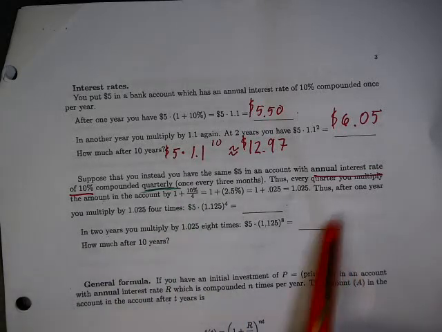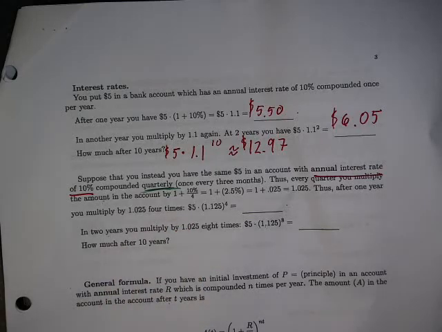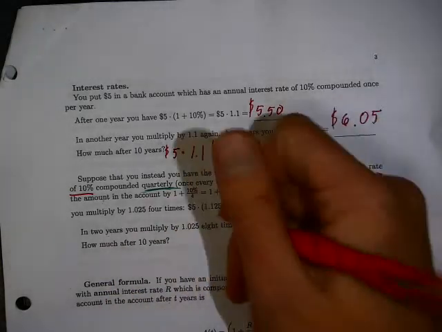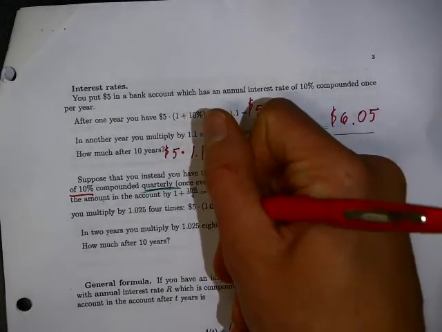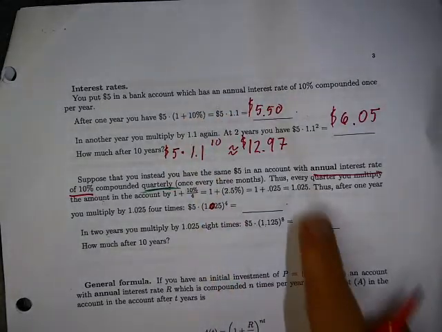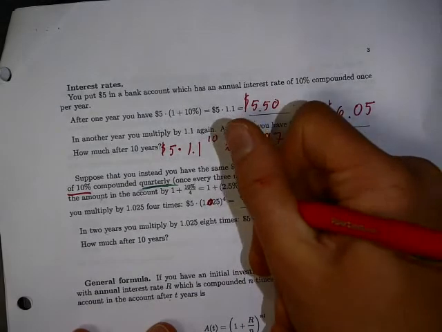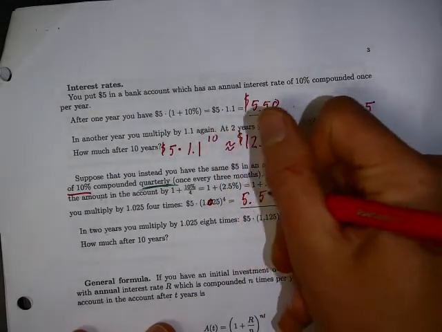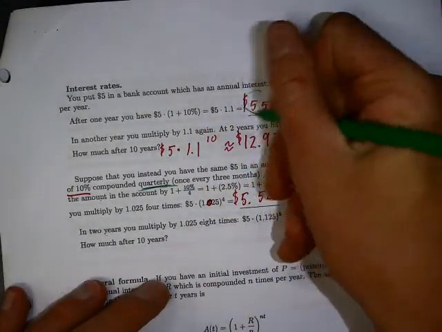So after 1 year, you'll wind up taking the initial investment, the principal, $5, and multiplying by 1.025 4 times. Again, by the magic of television, that's $5.52.